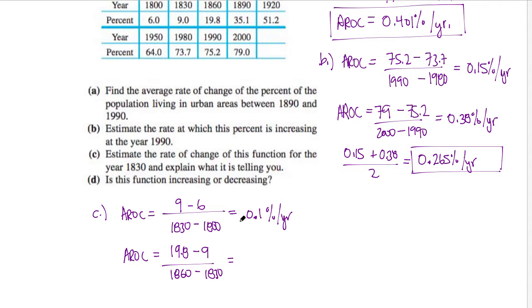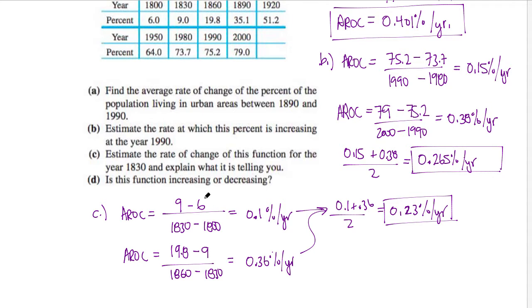So this average rate of change will be 0.36% per year. So if I average them together, it will be 0.1 plus 0.36 over 2, which is an average of 0.23% per year.